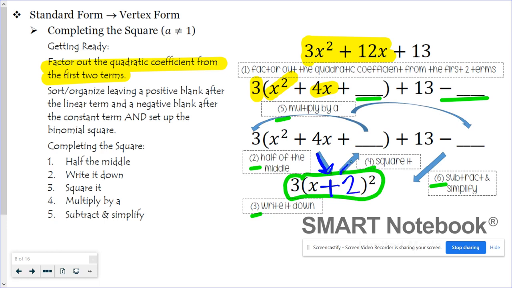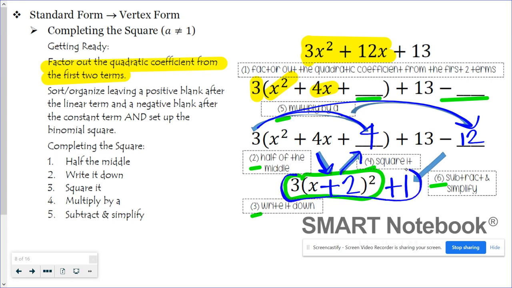Write it down, square it. 2 squared is 4. Multiply by a: 4 times 3 is 12. Subtract and simplify: 13 minus 12 is positive 1. And then here is my vertex form. So now I know that my vertex is the point -2, positive 1.